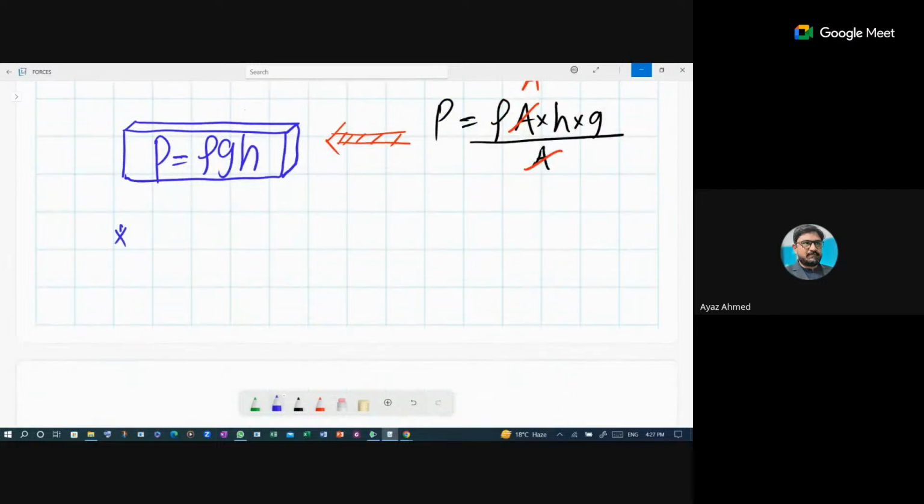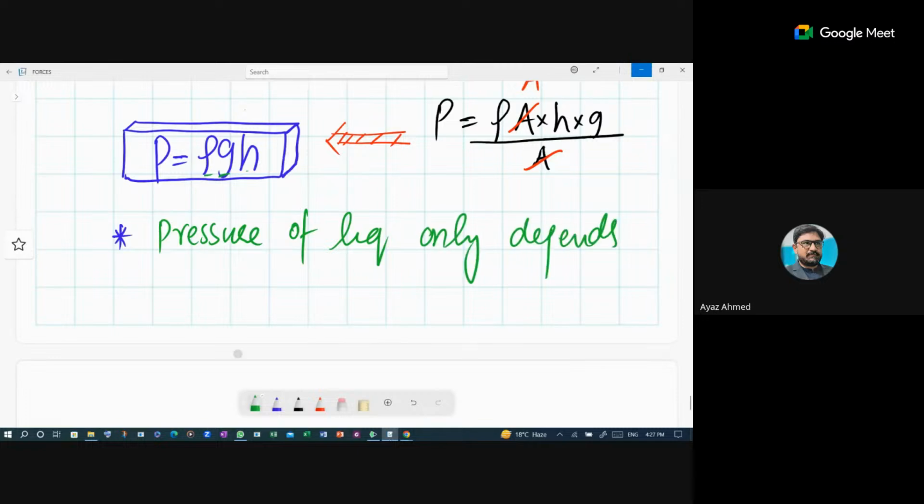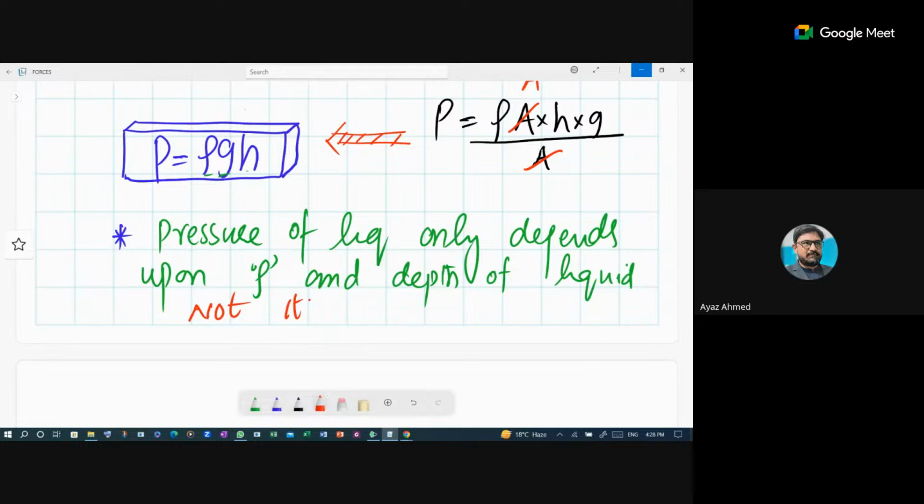Here I would write a comment that pressure of a liquid only depends upon the density and depth of the liquid, not its area.